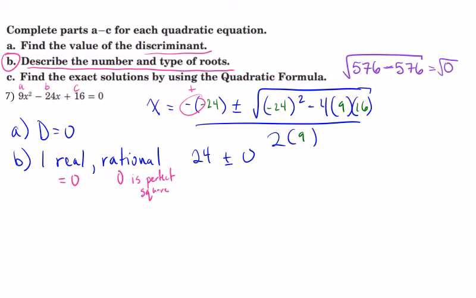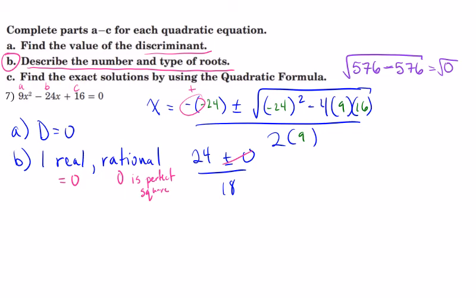Now let's finish working this out. We have 24 plus or minus 0, over 2 times 9, which is 18. Plus or minus 0 goes away. That's how we only have one solution, because we're adding and subtracting 0. Adding 0 to 24 is the same as subtracting 0 from 24. We get 24 either way, so we get 24 over 18.